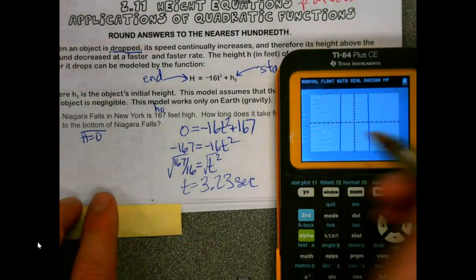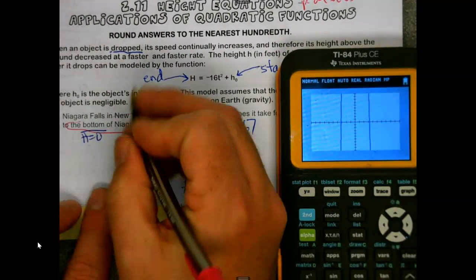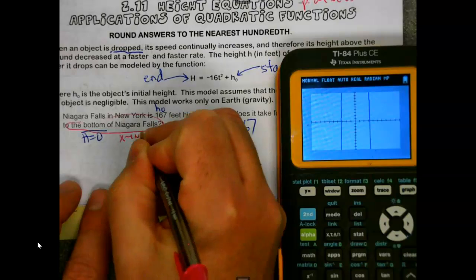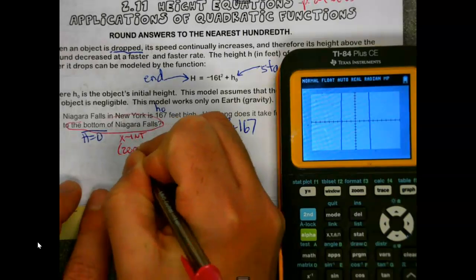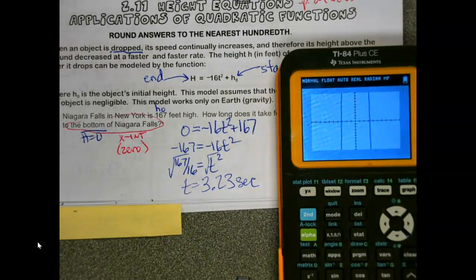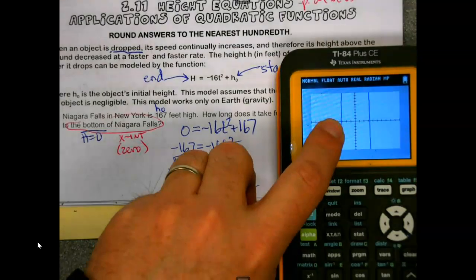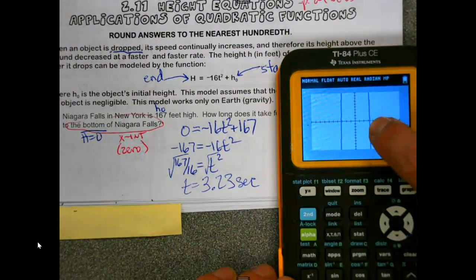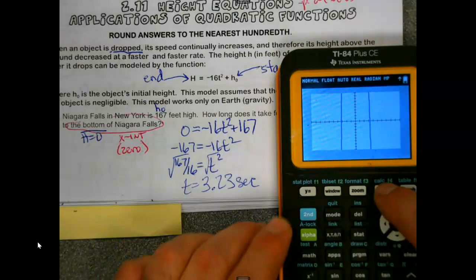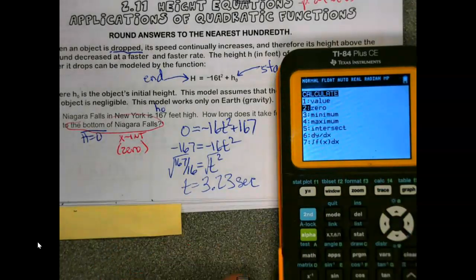This bottom is finding the x-intercept, it's finding the 0. The x-intercept is like the ground, the x-axis. So here, I want to know what that is. That's negative time, which makes no sense. I want this one. Second trace, 0.